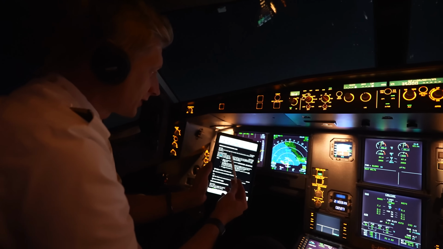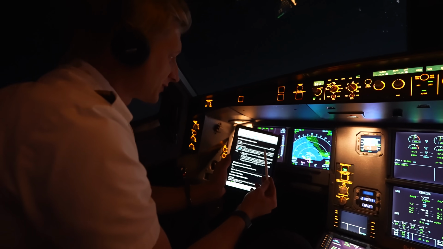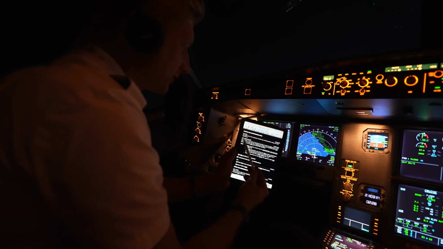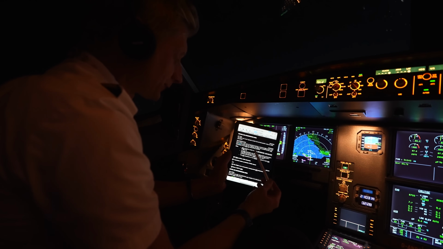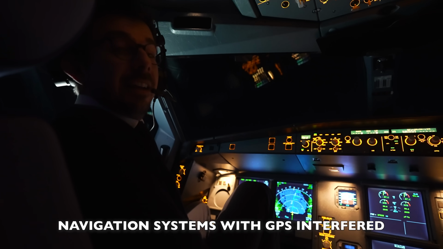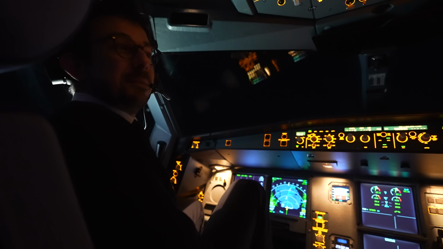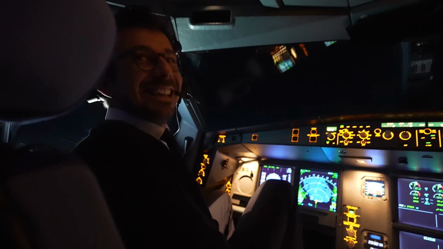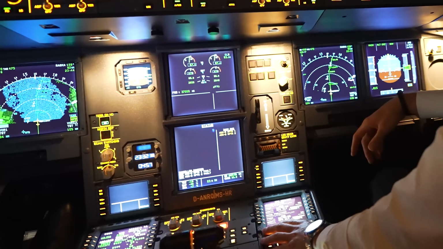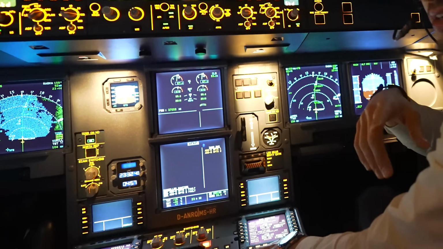The flight crew must regularly monitor the aircraft position using non-GPS references. GPS deselection, consider. What we can see is we don't have any GPS position right now. So luckily we still have all these old systems to help us navigate. Yeah. As you can see, it's coming and going. That's what we talked about earlier.